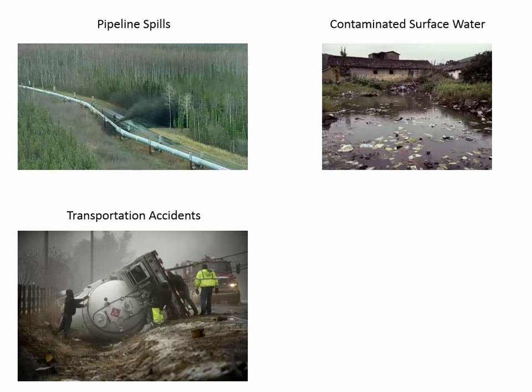Another place pollution can come from is if there is a pond or a lake or even ocean water that's contaminated. Let me draw a little cross-section of a lake to illustrate the point. Here we have a pond, and if this is polluted, there's no river going out of this pond.